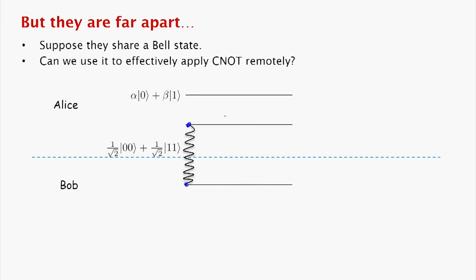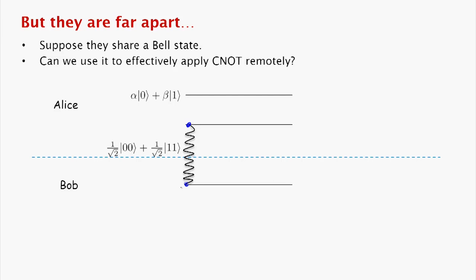Okay, so now what helps us is the fact that Alice and Bob actually share a Bell state. So we'll think of these as three different wires. The first wire carries Alice's qubit, alpha 0 plus beta 1, and the second and third wires carry these two qubits, which are in a Bell state.